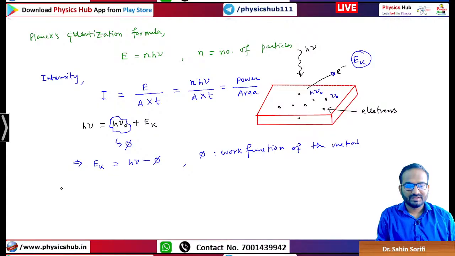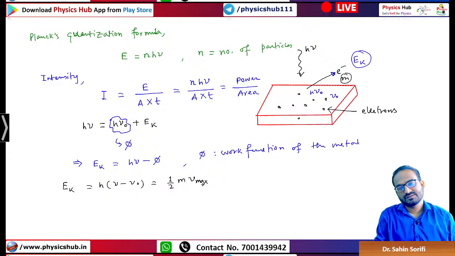From this we can also write Ek is equal to h times nu minus nu 0, which is half m V max square, where m is the mass of the electron and V max is the maximum velocity with which the electron will be ejected.